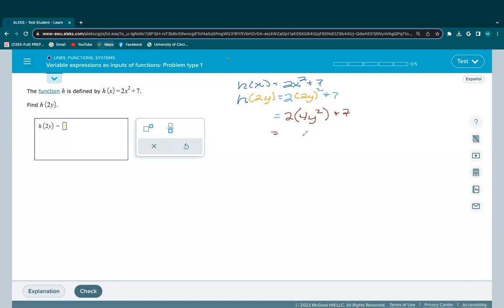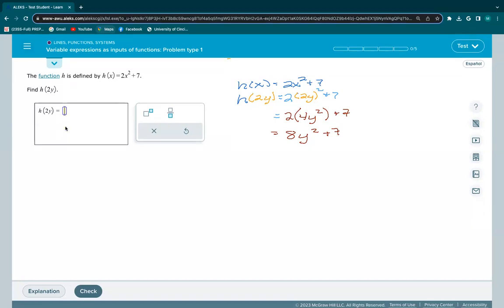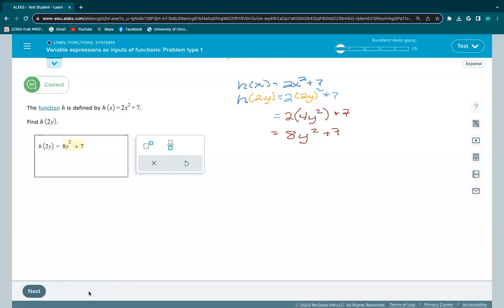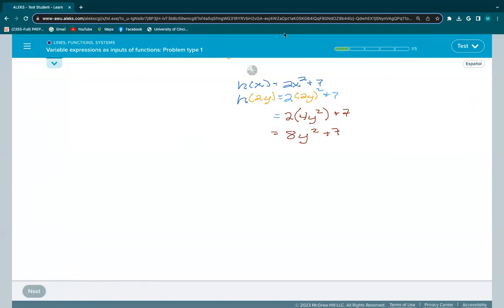So 2 times 4y squared is 8y squared. And I have that plus 7. These are not like terms, so that is all I can do. I'm going to type that into my equation. So I have 8y squared plus 7. Check my answers. And I'm good with this one, so we're going to get another problem.